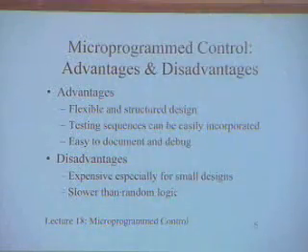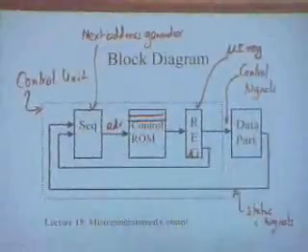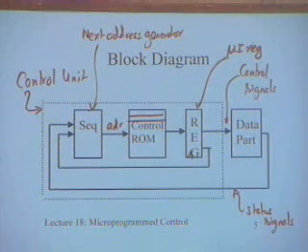The flexible part of it is that when you are developing a design, there will be a need to make some small changes in your state machine. You introduce additional states, or change the signals associated with the states. If you try to do these things in a random logic implementation, you might have to go back and redesign completely. Just the change of one particular state may mean the whole logic has to be redesigned.